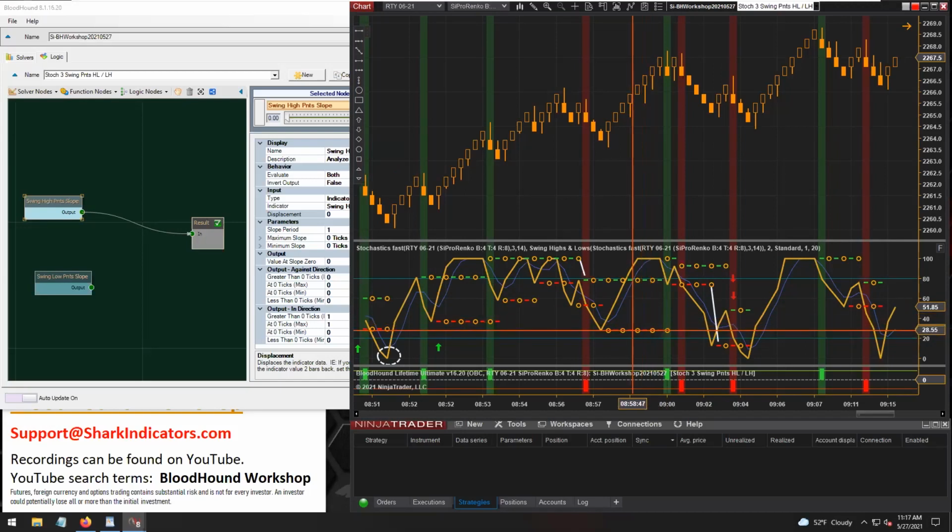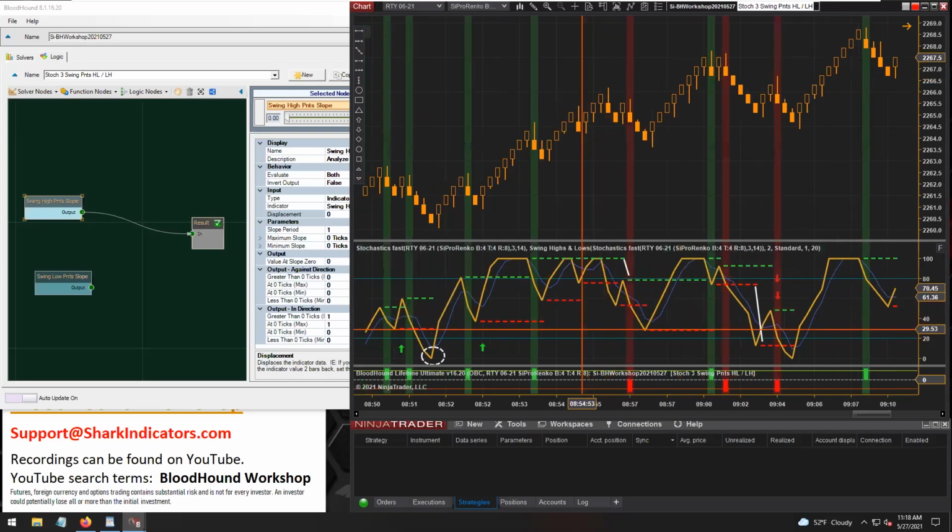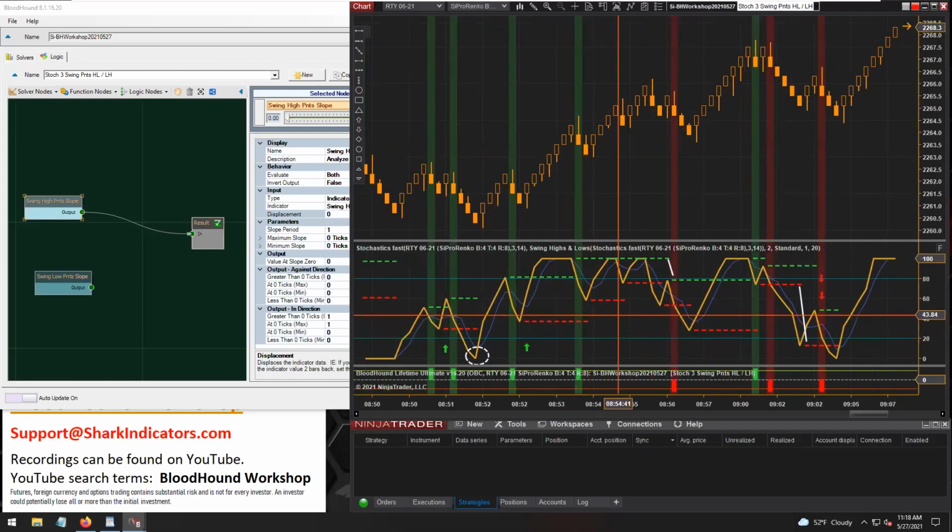That's what matters here, that the indicators you're using with BloodHound are doing their job correctly. So next, we're just looking for two signals in a row. And then once we get two signals in a row, we're basically done.